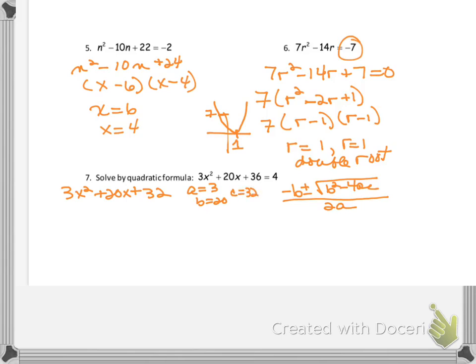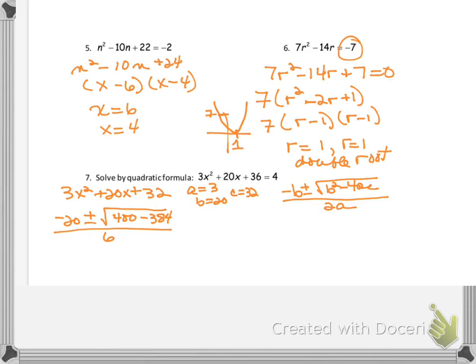Let's set up our problem. Negative b, so that's negative 20 plus and minus the square root of b squared, which is going to be 400, 20 times 20. And then you have minus 4ac, so minus 4 times 3 times 32 is going to give me a negative 384, all over 2a, which will be 6.